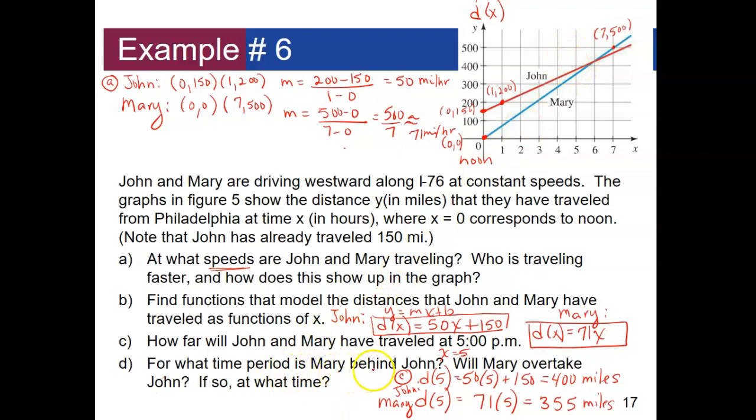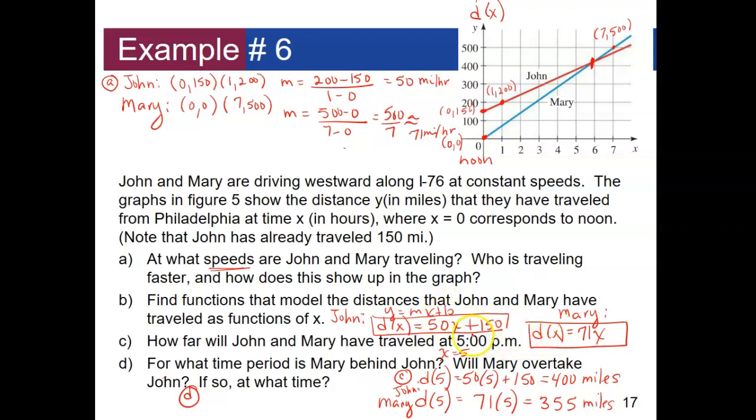For what time period is Mary behind John? We can see here that they overtake each other where they intersect. And so Mary's behind John for all of this time. So for part D, we have a couple options. One, we could actually set these equal to each other and solve.